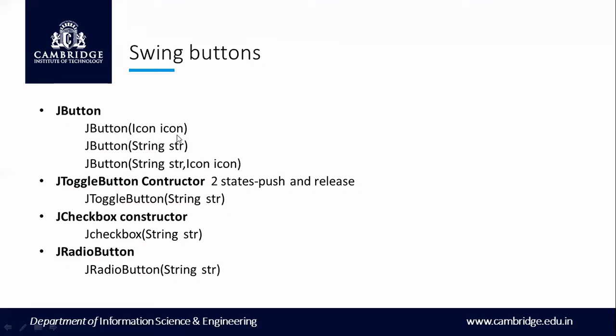That means if you want a symbol to be present on that button, you can use this. If you want a text to be present on the button, you can use JButton(String str). If along with the text you also want an image on the button, you have to use the constructor JButton(String str, Icon). So these are three constructors present for your JButton, a normal button. The next type of button is JToggleButton. What is the meaning of toggle button?